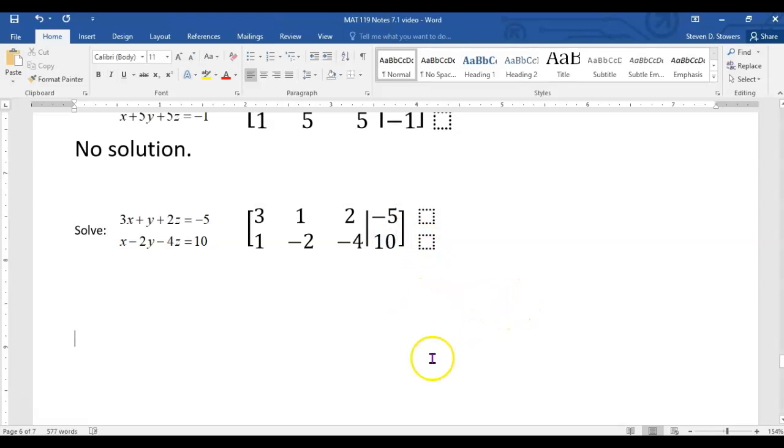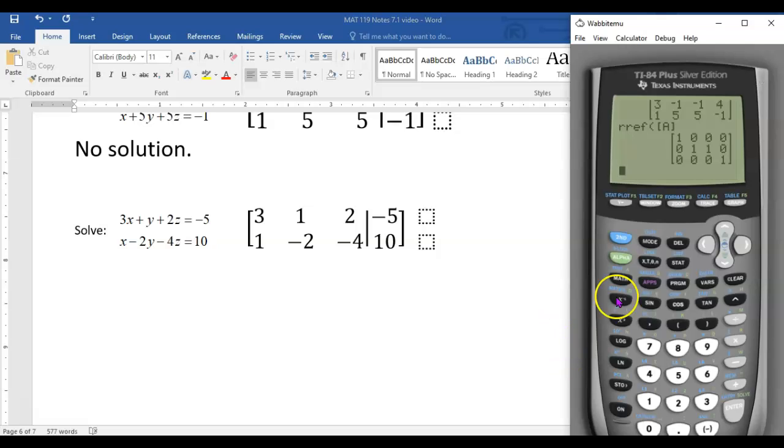Okay, let's have the calculator handle the details of getting the reduced row echelon form. I'm going to put in the matrix as matrix A. This time it is a 2 by 4. And the numbers are 3, 1, 2, -5, 1, -2, -4, 10.